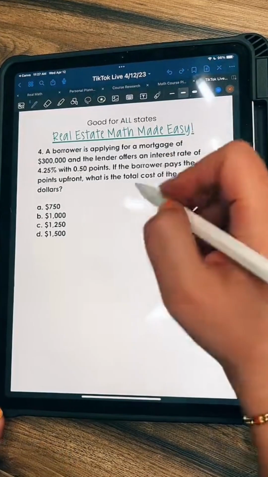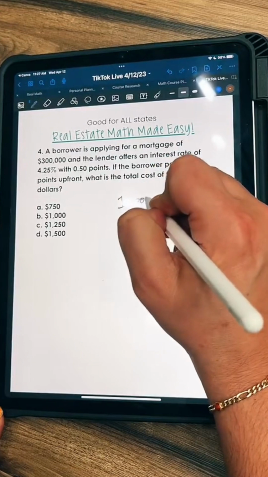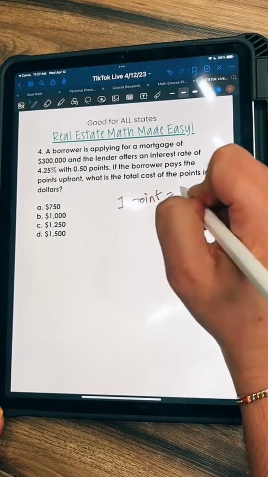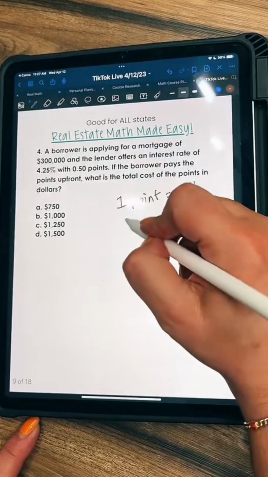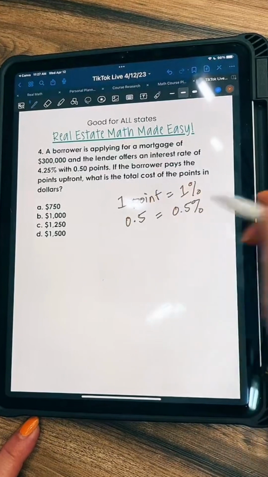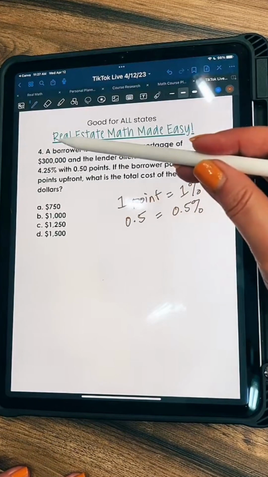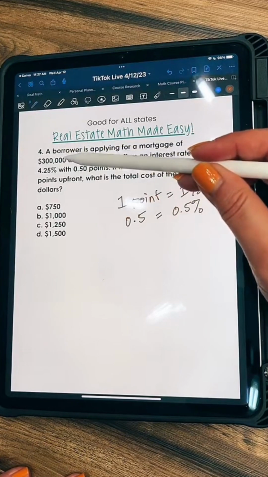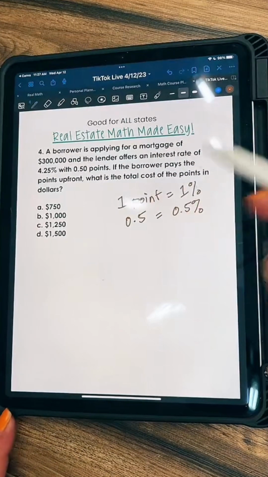So we know in mortgage that 1 point is going to equal 1%. Okay? So therefore, half a point is going to equal 0.5%. All right? So if he has a mortgage of $300,000, all right?